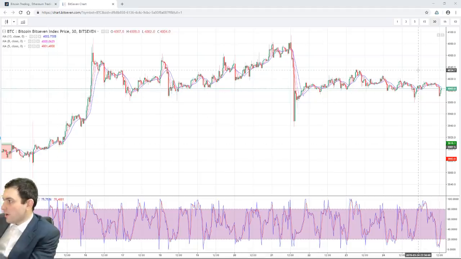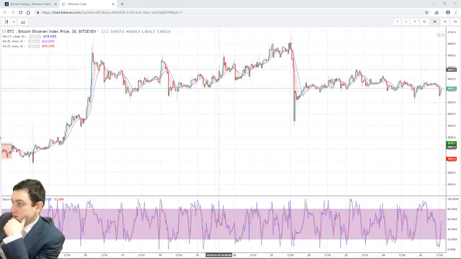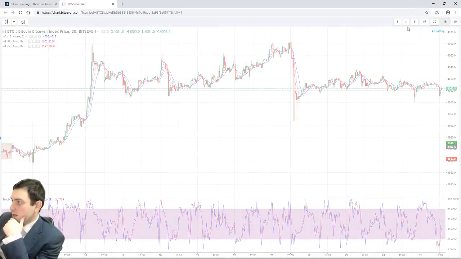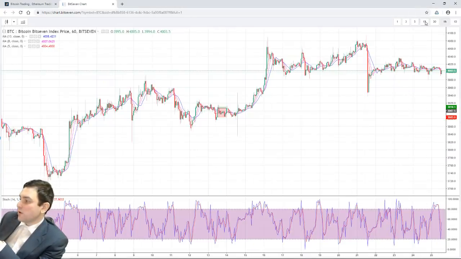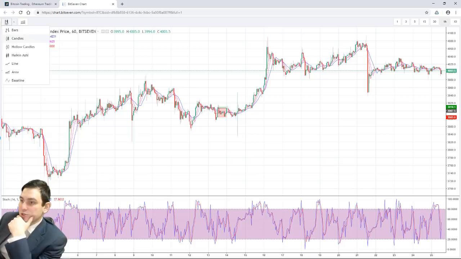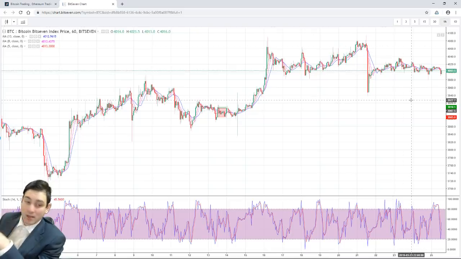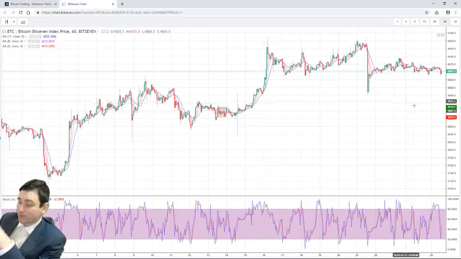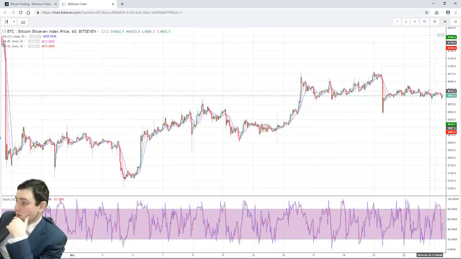Here in the Bit7 interface we have time scales. I'm currently looking at traditional Japanese candles, and I chose 1 hour candle, so one candle is 1 hour in length.